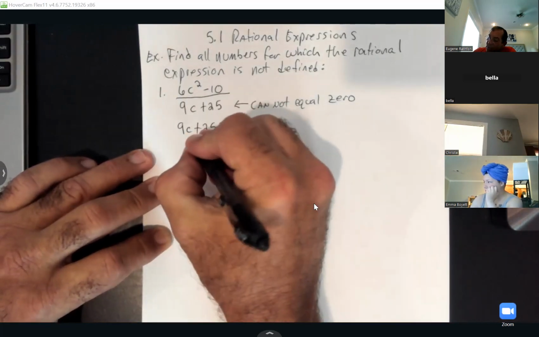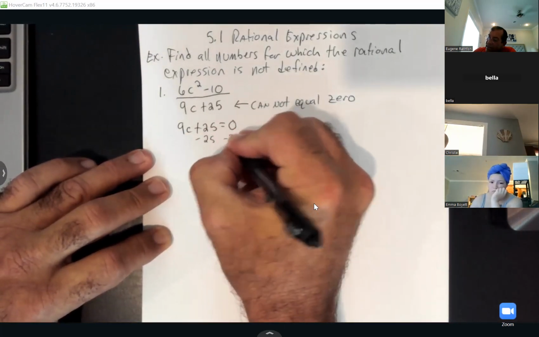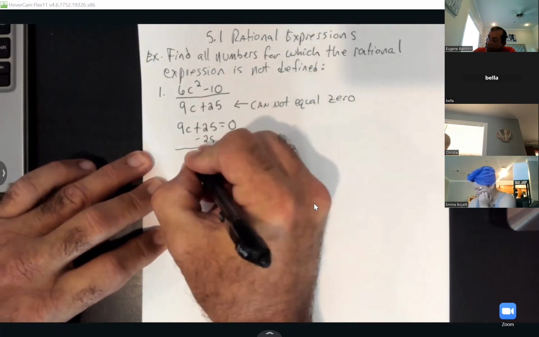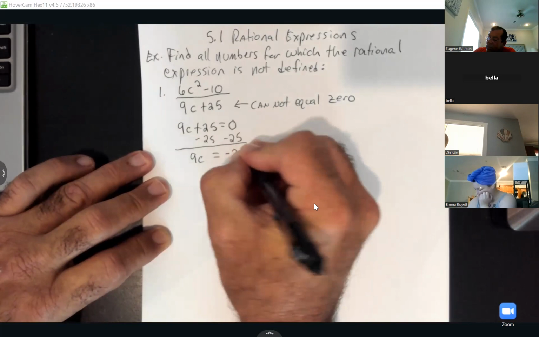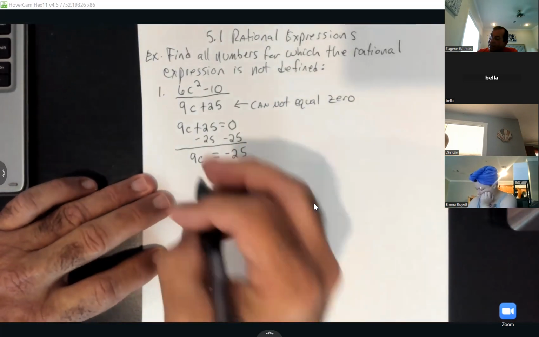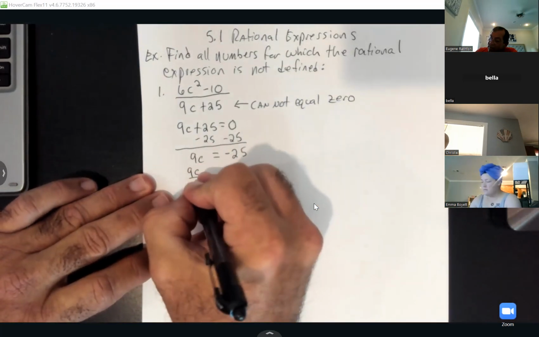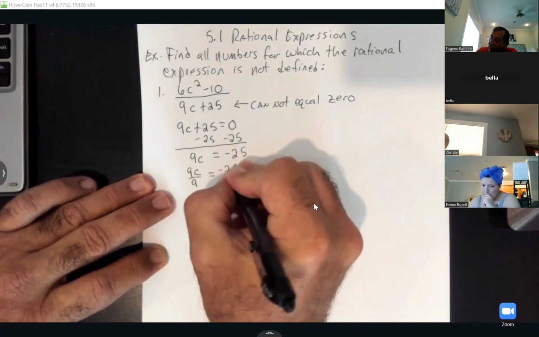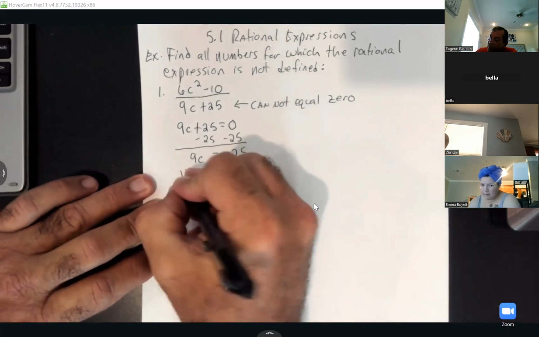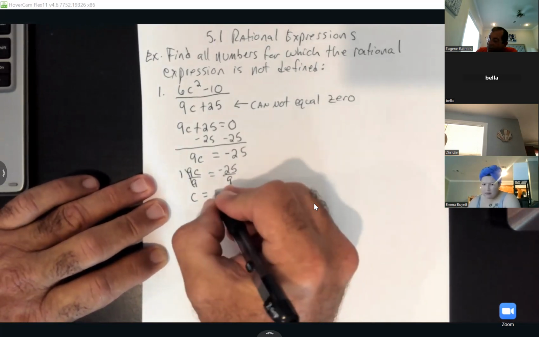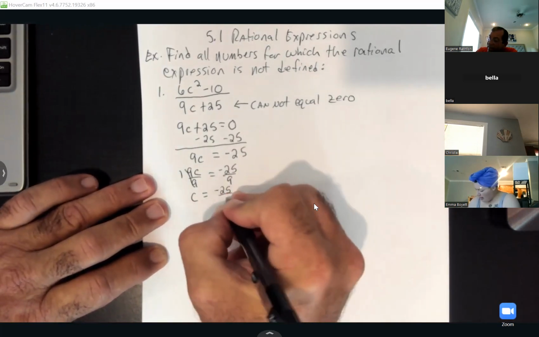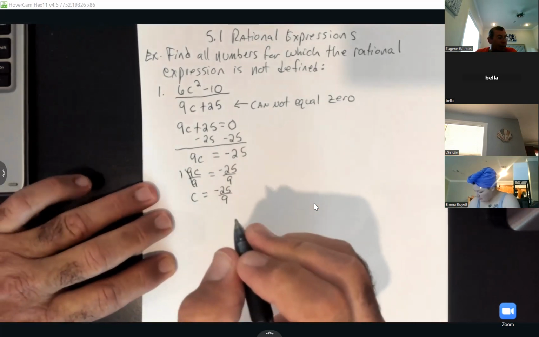So to solve this, we're going to subtract 25 from both sides. So I get my 9c, that cancels, and that's going to give me negative 25. And then divide both sides by 9. So that cancels, giving us our 1c. And we can't do anything with that, so we're going to keep that as negative 25 over 9.